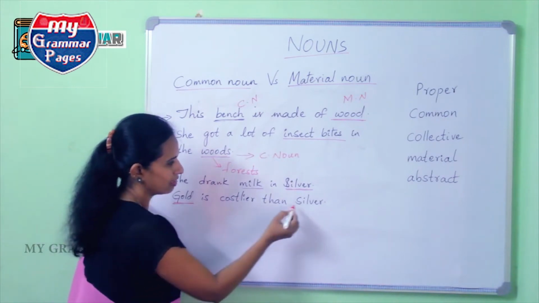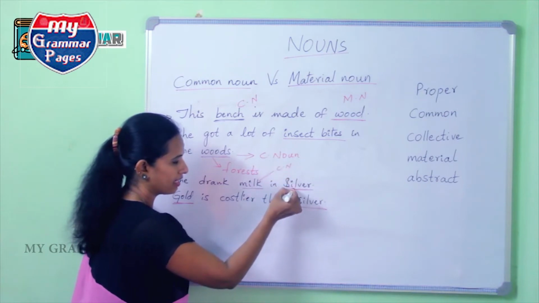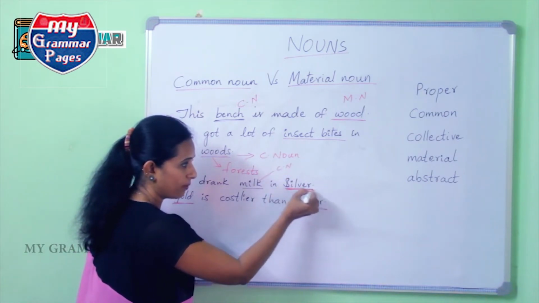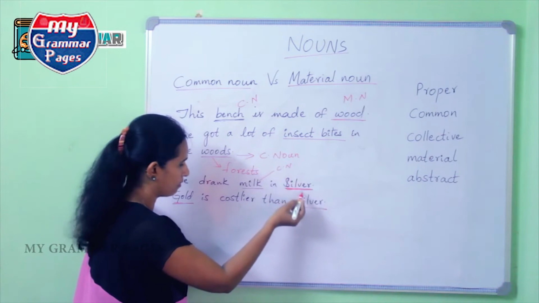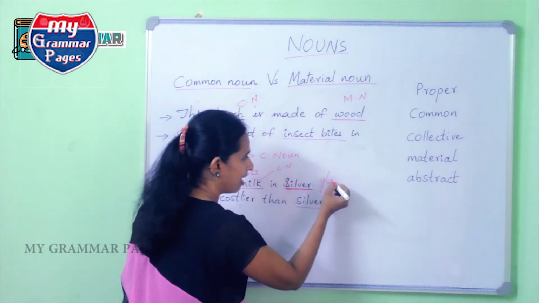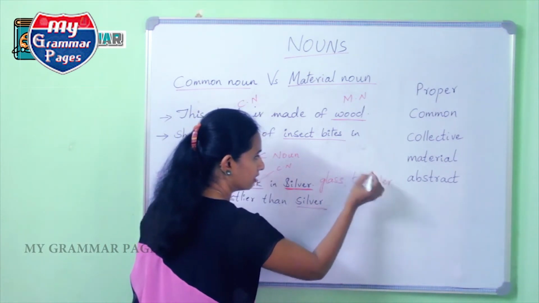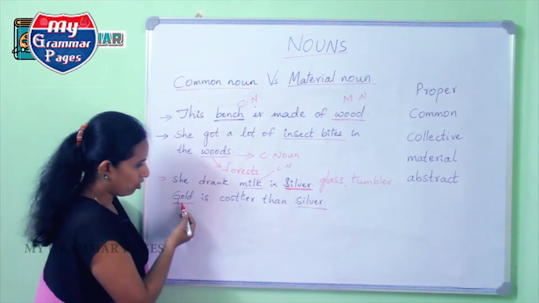Gold is costlier than silver. So I say that this is a common noun, and here it is not the raw material from which something is being made. It is referring to a silver glass or silver tumbler or silver container. And gold is costlier.